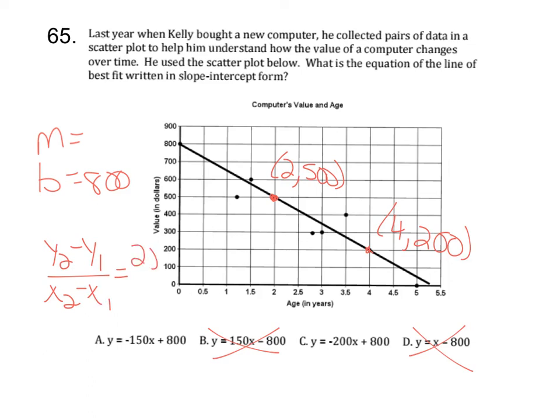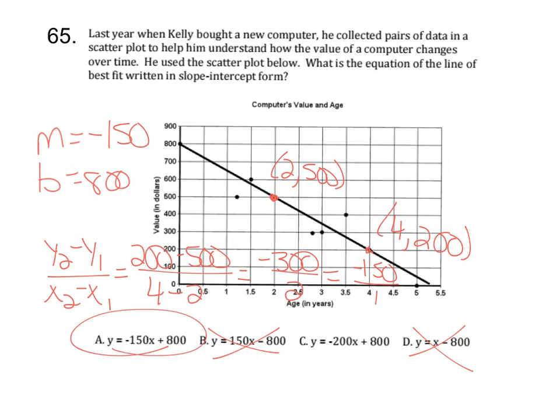What do we get? 200 minus 500 over 4 minus 2. So I get negative 300 over 2. That's negative 150. Just negative 150. So that means m is negative 150. When I put that in slope-intercept form, I get A.